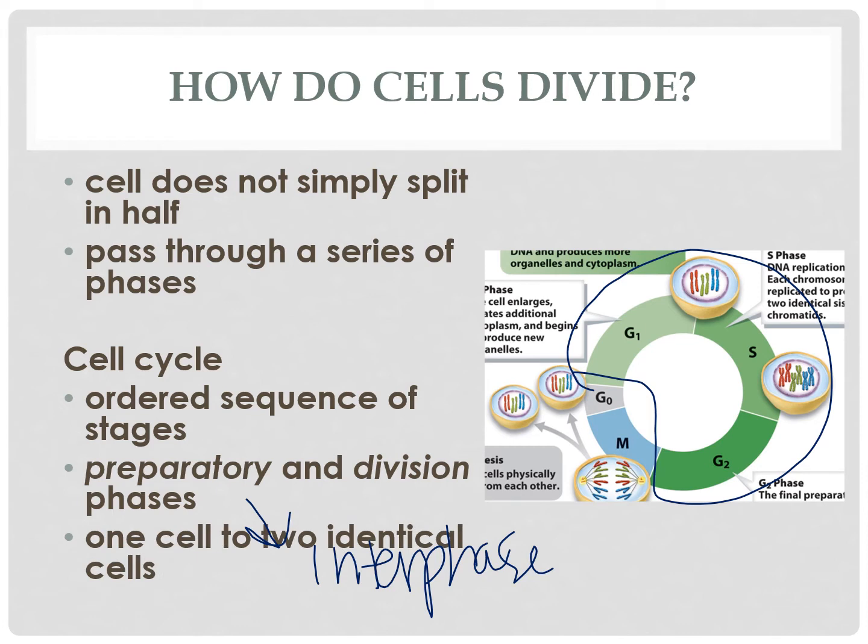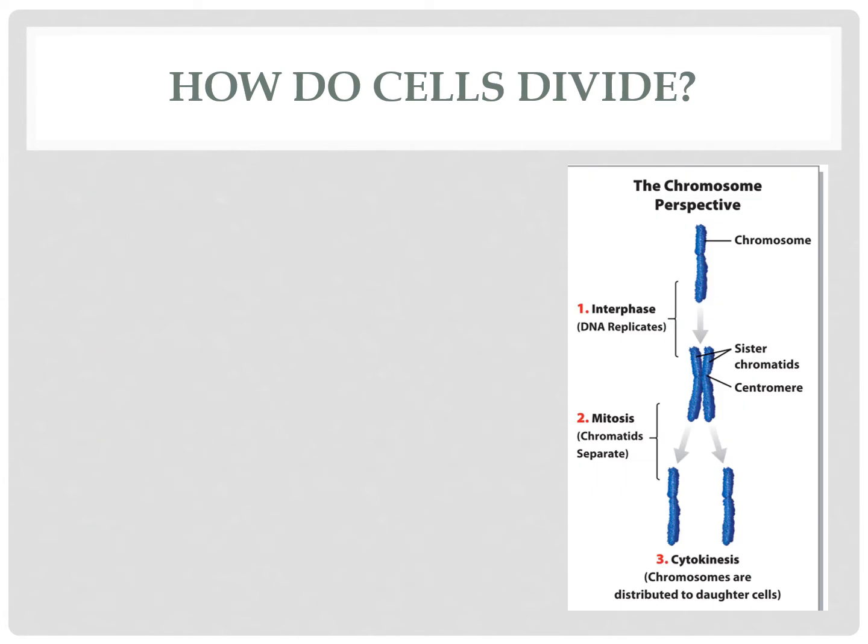Okay. So let's get a little bit deeper into the cell cycle. So we know the cell cycle, again, the cells aren't just splitting in half, they're going from one cell into two identical cells, which we often call daughter cells, right? That's what we went over a little bit at the beginning. Okay, so first off, we're going to start off with our preparatory phase.